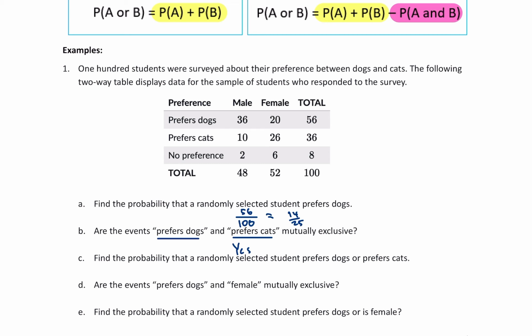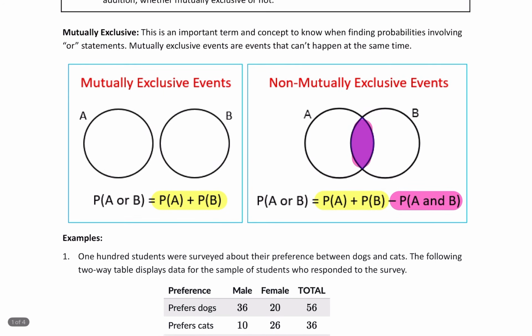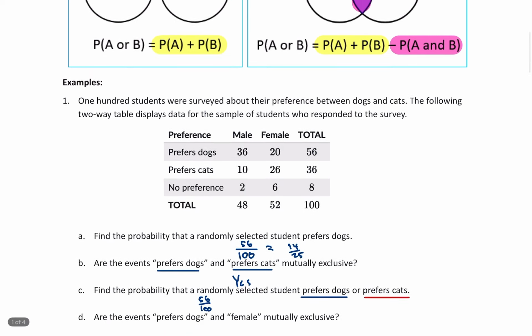Then in part C, it says find the probability that a randomly selected student prefers dogs or prefers cats. So I'm just going to set this up with two probabilities. My first one, prefer dogs, and my second one, prefer cats. Well, I've already said that I've got 56 people out of 100 that prefer dogs. And if I look back at my probability up here, I'm just adding them together because we're mutually exclusive.